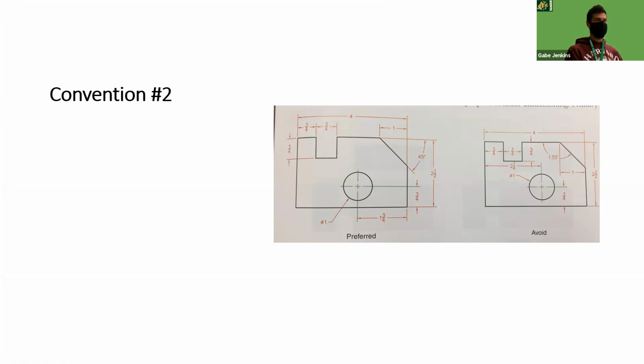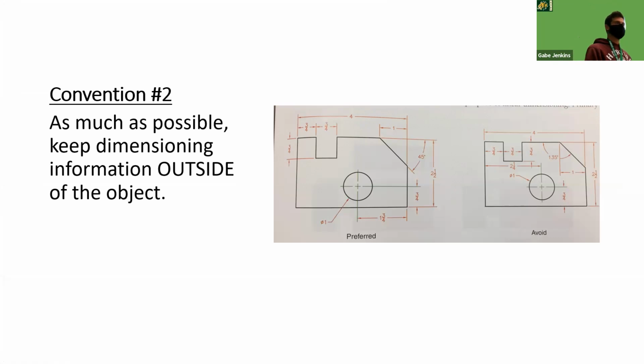All right, both Jalen and Jack getting that one right. So convention number 2 says this: as much as possible, your pencil should be moving right now. As much as possible, keep your dimensioning information outside the object. You're trying to preserve the view of the object itself as much as you can.